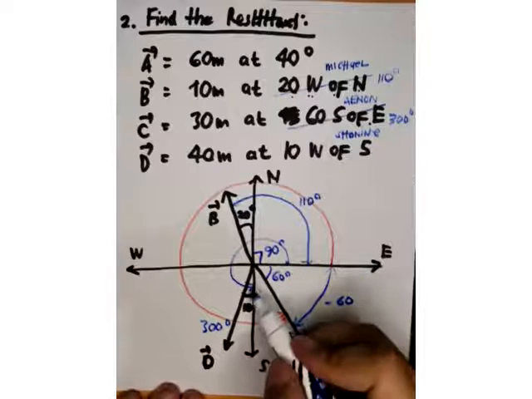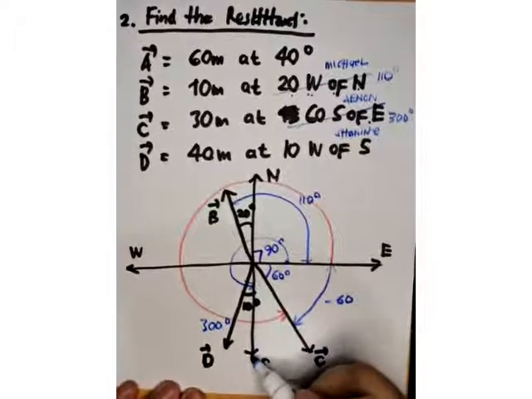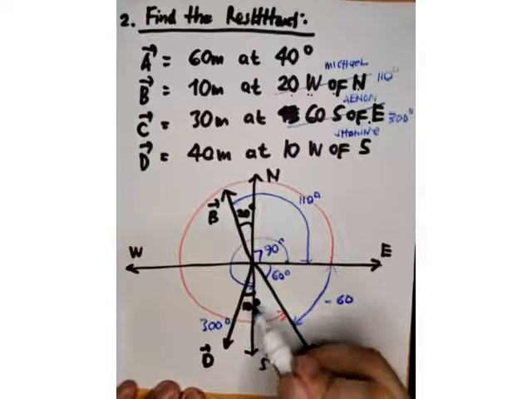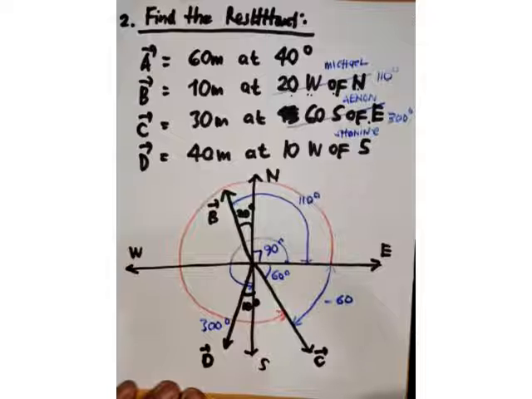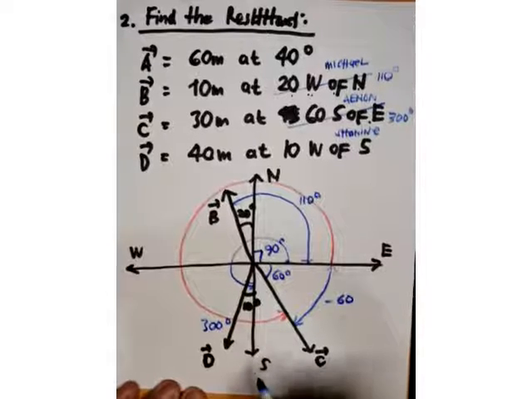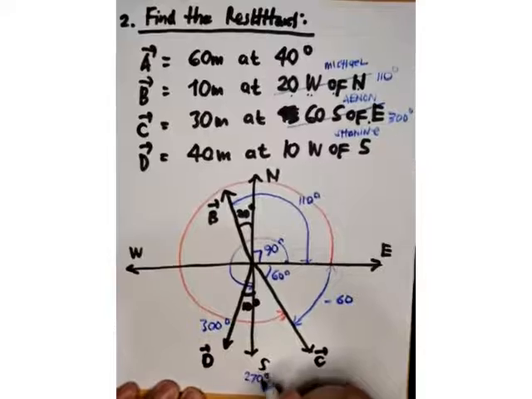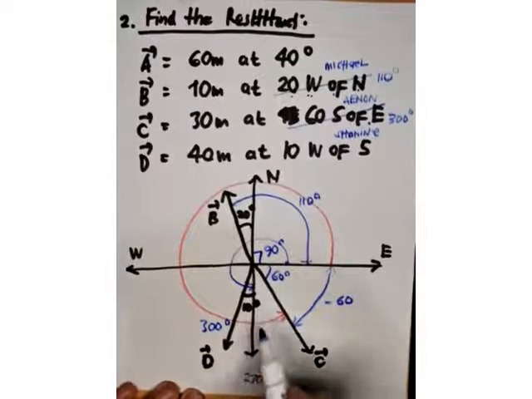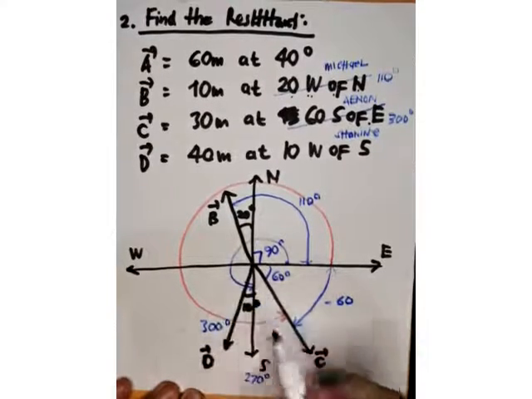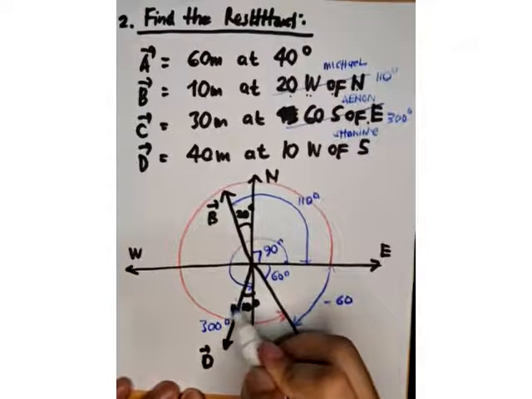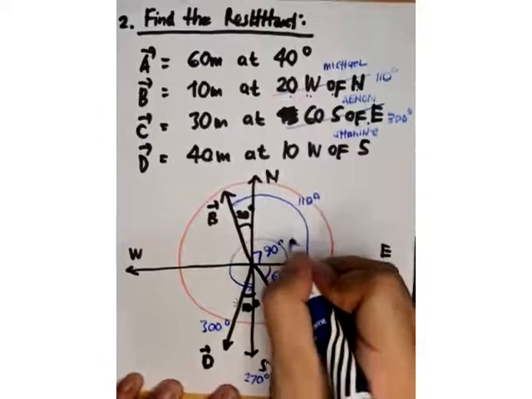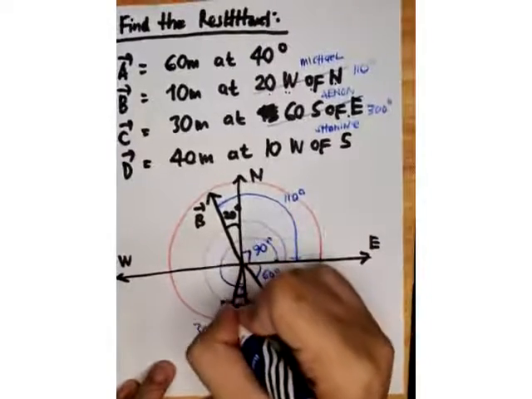Tama ba? Okay, ano bang angle yung sa south? Yung angle ng south ay 270 degrees. Tapos, kung itong buong to hanggang south ay 270, ano hanggang dito lang? What if hanggang dito lang?